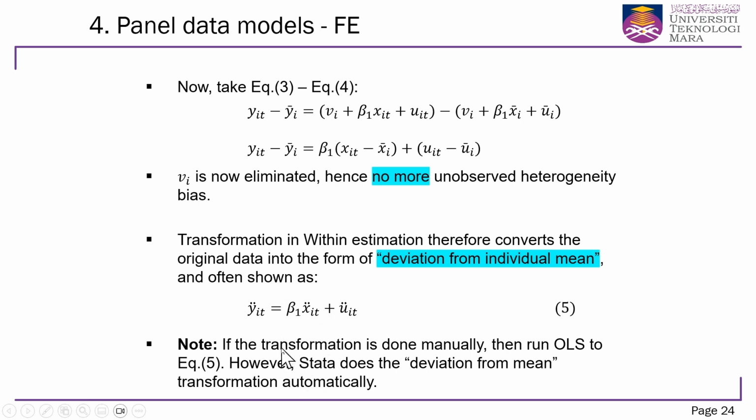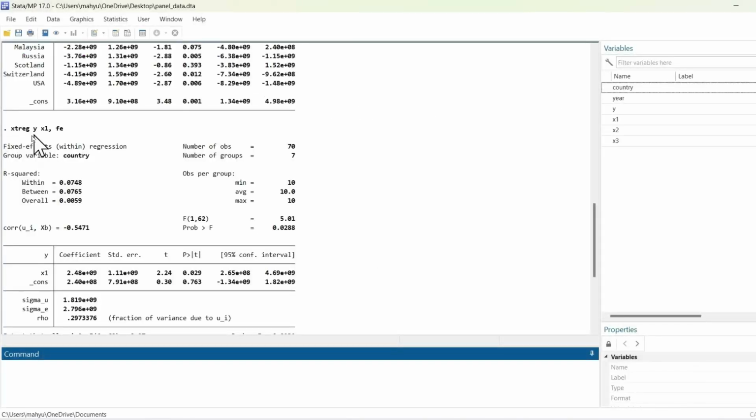Remember, if you do the transformation manually, then you are left with the transformed data in your data set. You can simply run OLS on it. But you don't have to do the transformation manually. In Stata, what we did just now, using the xtreg y x1, fe command, we tell Stata to use the xtreg command and to estimate within estimation, so fixed effect within regression, then Stata knows it must convert the original observations first before running the regression.